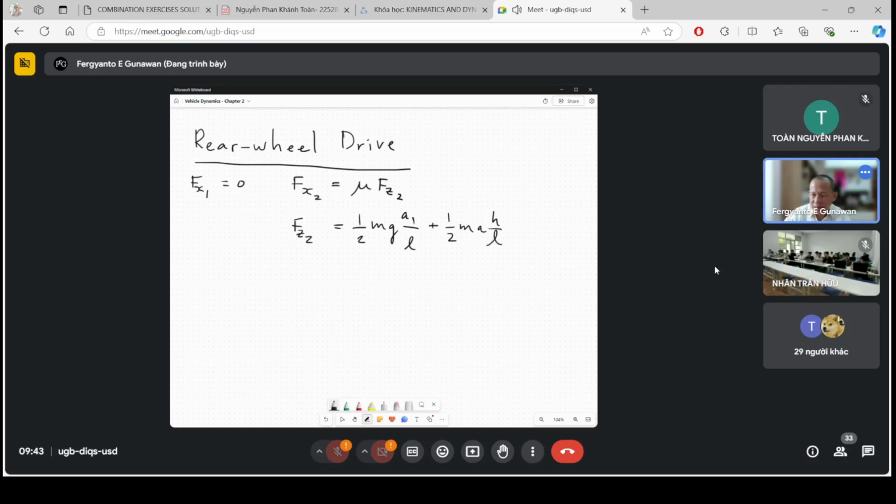So these are the equations you obtained earlier.